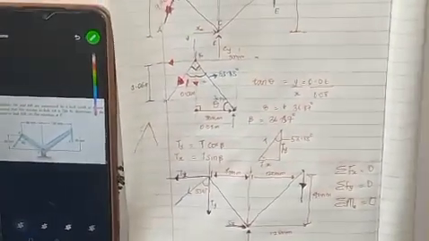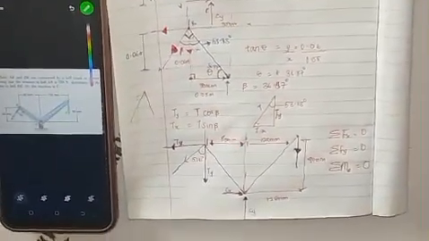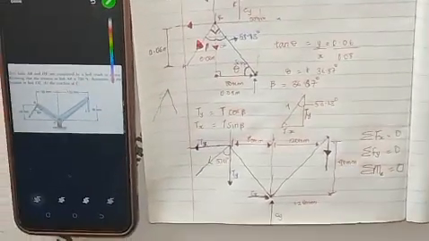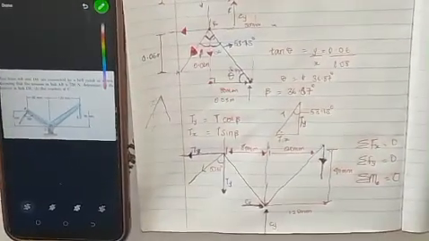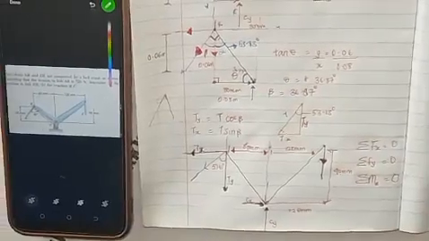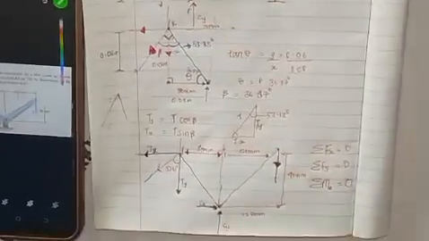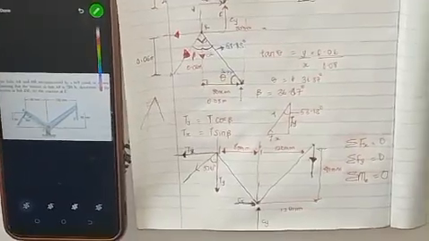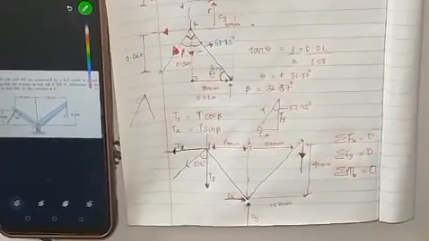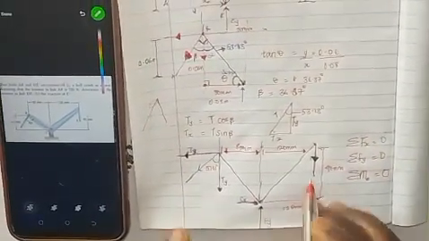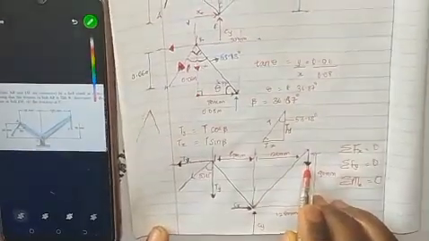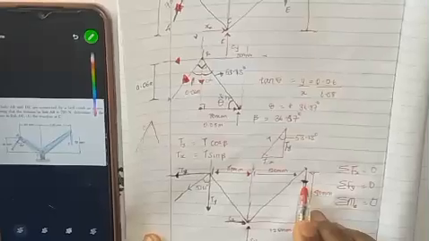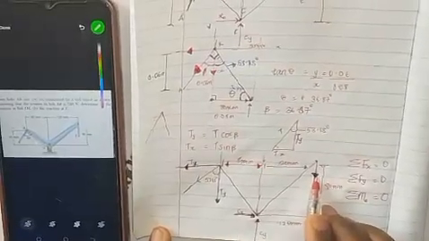Now, before we go about it, let's first start with the moment. We know taking moment, our moment is the product of force and perpendicular distance. So the first thing is we have to look for the perpendicular distance of each force. Don't forget this particular force, which is our TDE, is unknown.